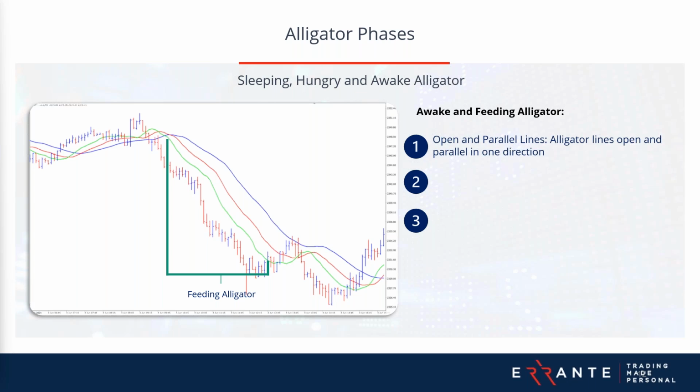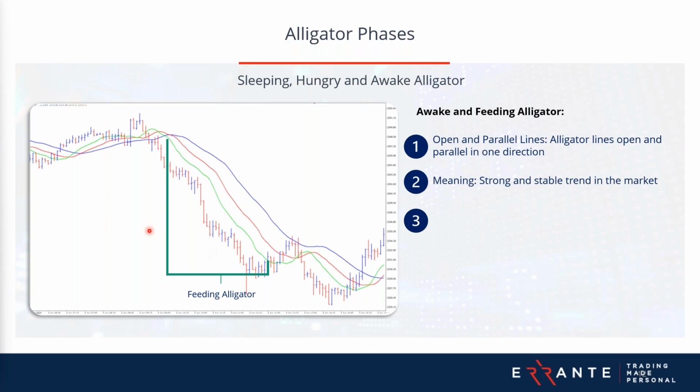In the awake alligator phase, the alligator's lines, the lips, teeth, and jaw, are open and running parallel to each other in one clear direction. It's a very clean setup. Alignment indicates that the alligator is fully awake and feeding on the trend.